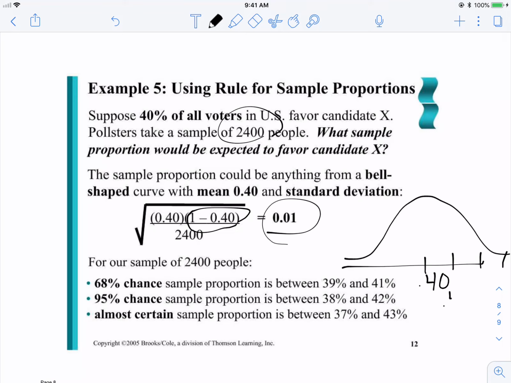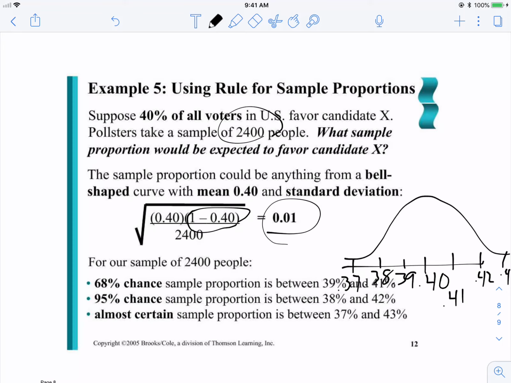So this is 0.41, this is 0.42, this is 0.43. I'm running out of space there, but you get the idea. And going to the left, 0.39, 0.38, 0.37.